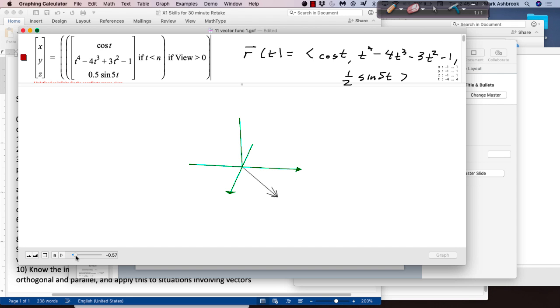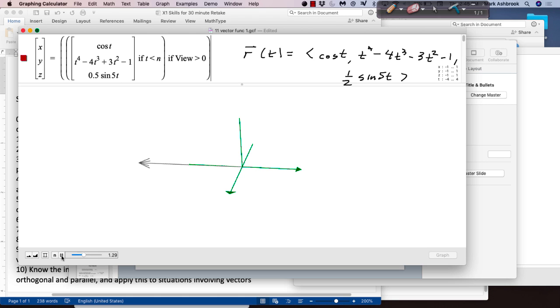So if you let t increase continuously, you get a continuous sweep of position vectors. For every t, there's a vector; let t increase gradually, and you get a sweep of all these vectors. Since the vector is in standard position, the coordinates of the tip are the same as the components of the vector.